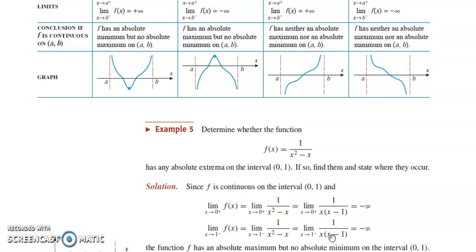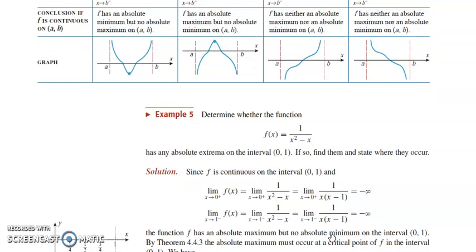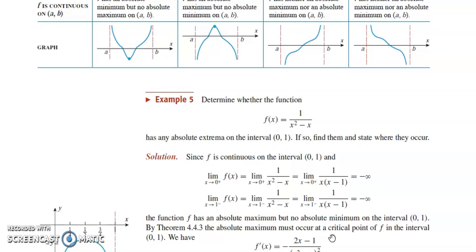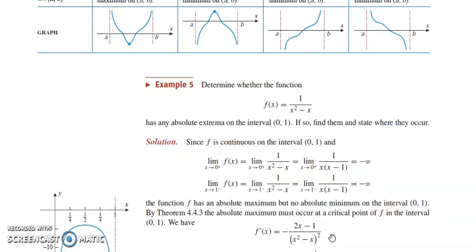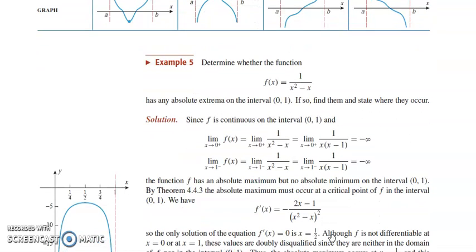Now for finding the absolute maximum, find f dash of x and find the critical points. The extrema does not occur at the end points. So the extrema is going to occur at the critical points. So find out f dash of x. So f dash of x will be, when you take the derivative, minus 2x minus 1 by x square minus x whole square.